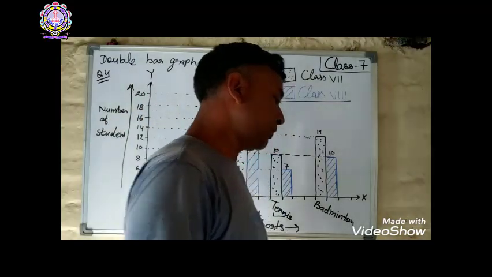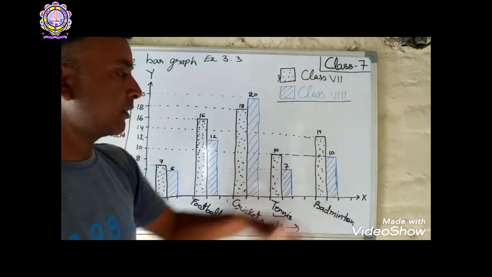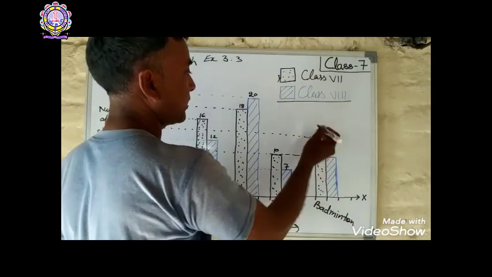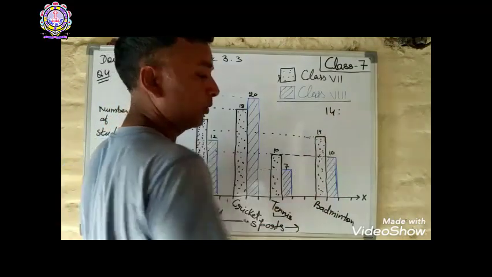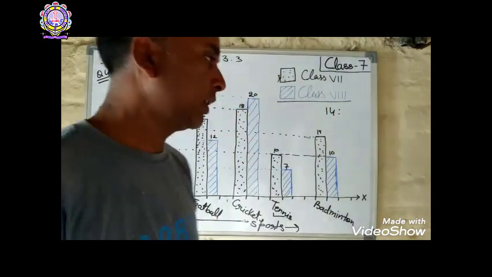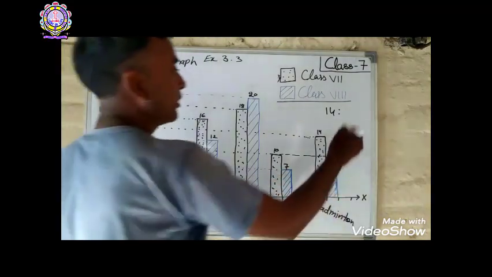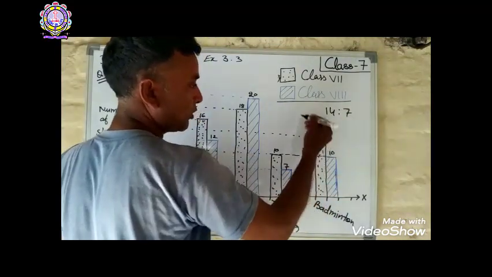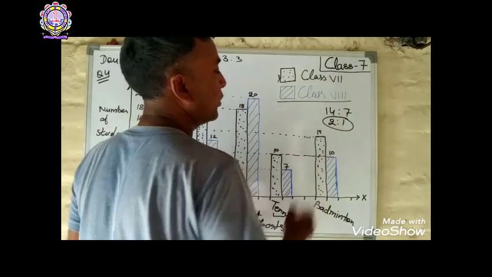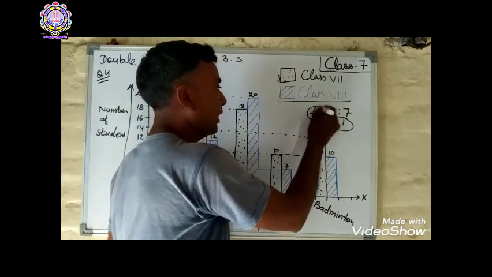Badminton in class 7, that is 14. Who like tennis in class 8? Tennis in class 8, that is 7. What is the ratio? Now simplify it. You get 2:1. This is the answer of part F.